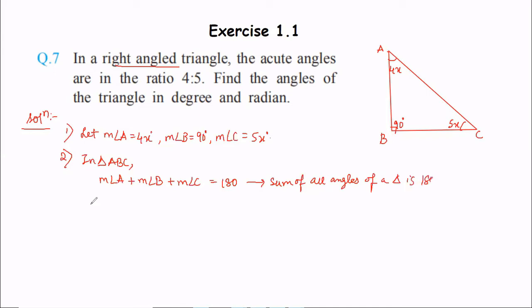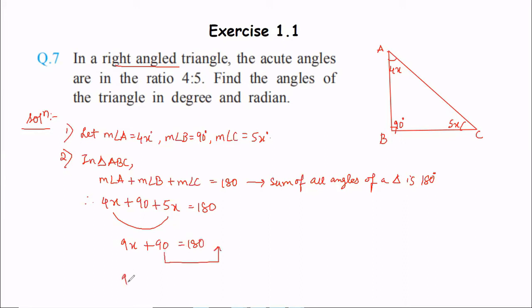Now let's substitute the values: 4x in place of A, 90 in place of B, and 5x in place of C. All these are equal to 180. Now let's add the x terms. We get 9x plus 90 is equal to 180. Let's put the number on one side: 90 goes to the other side.